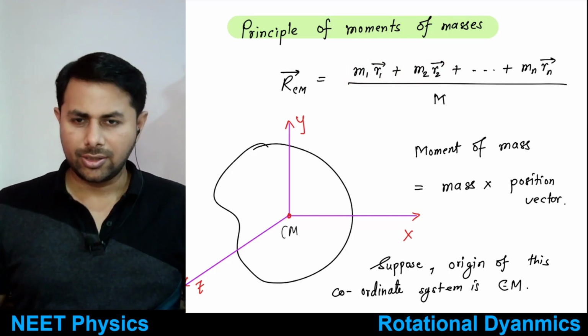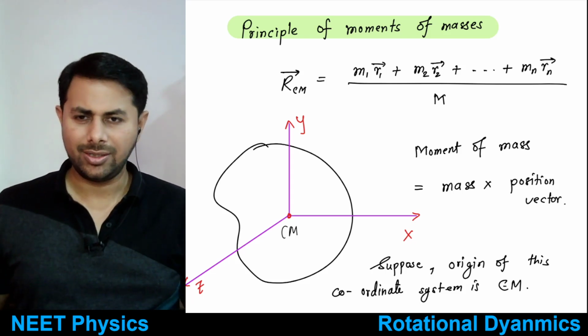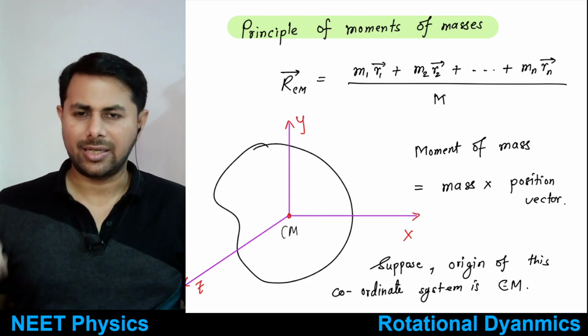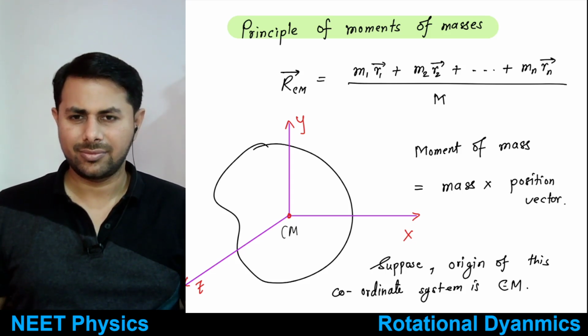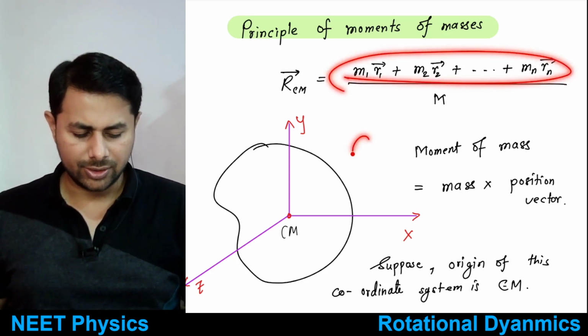This is the sum of moments of all masses, right, about the center of mass. That means you need to keep the center of mass at the origin. Is this thing clear? Yes, no? Okay, so that's why the sum will be equal to 0.